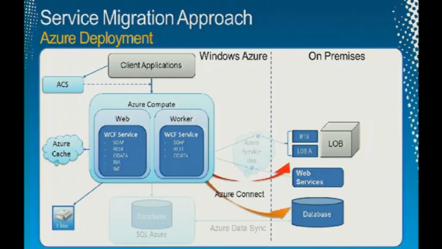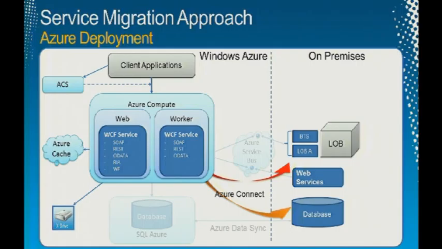So I have some giveaways. Someone may say, hold on, there is a service in Azure called Azure Connect that enables you to connect Azure VMs, web and worker roles, to the on-premises environment, and you can start consuming databases and LOB services that you have running in your on-premises environment.